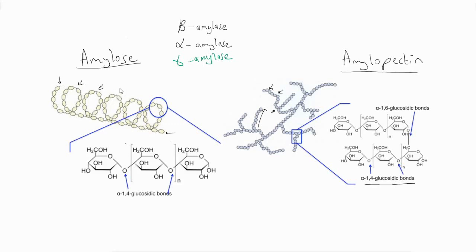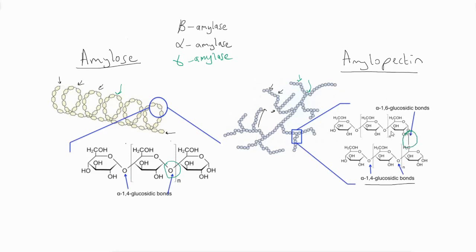So it can break up the glucose molecules by hydrolyzing glycosidic bonds like this and like this. These are alpha-1,4 glycosidic bonds. It can also hydrolyze alpha-1,6 glycosidic bonds at branch points, like this. So we're hydrolyzing these types of bonds and also these types of bonds.